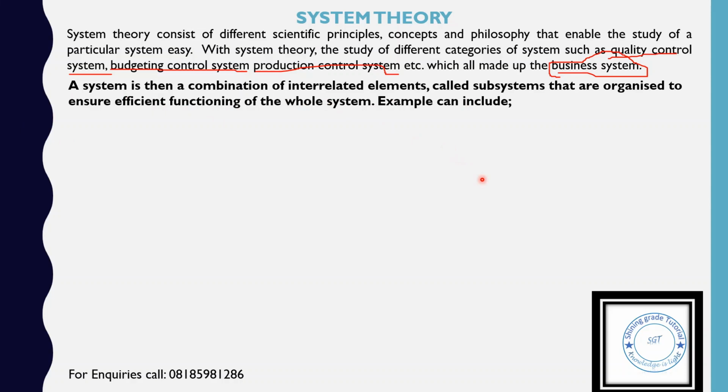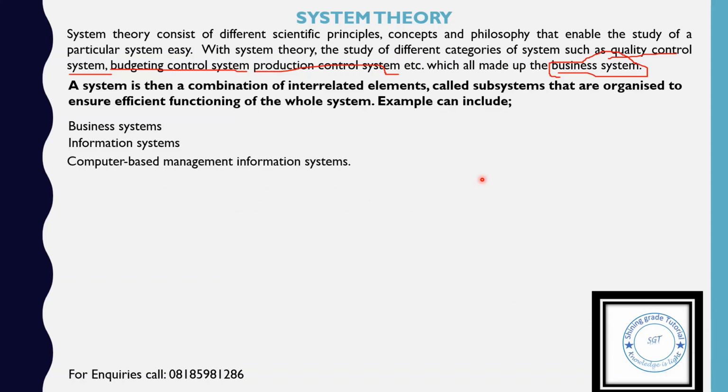A system can include a business system, an information system, a computer-based information system, a manufacturing system, a stock control system, and so on. Do not forget, a business system consists of different interrelated elements.